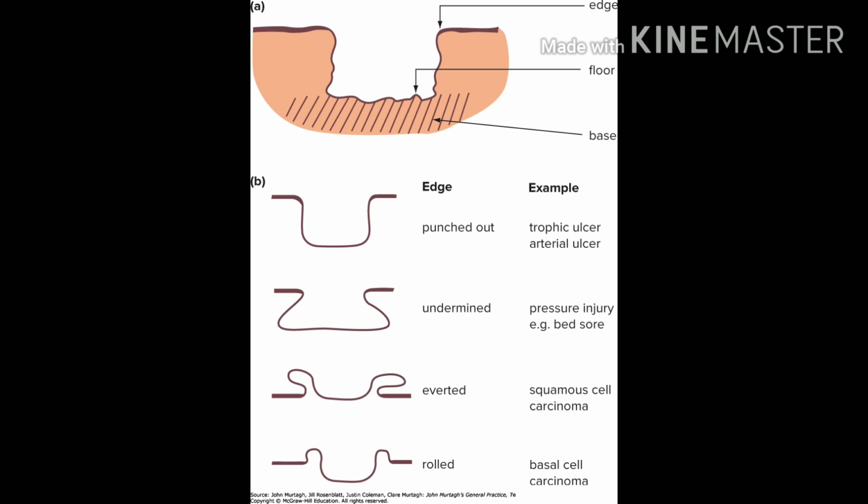Then the third one is the everted type of edge, which can be seen in squamous cell carcinomas. And rolled type of edge can be seen in basal cell carcinoma. This is very important from the point of view of examination. You have to mug it up, and as I have shown the diagram over here, it becomes easy.